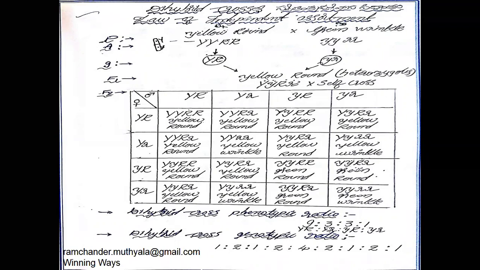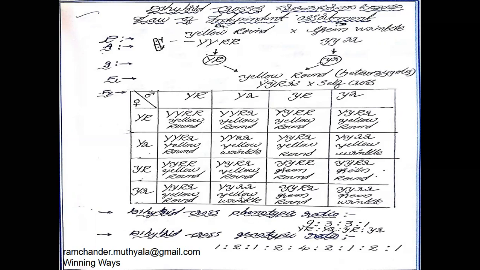These are the 16 phenotypes in the F2 generation. See children, this is the homozygous parental type with yellow cotyledons and round seeds. 9 such plants are developed in the F2 generation.